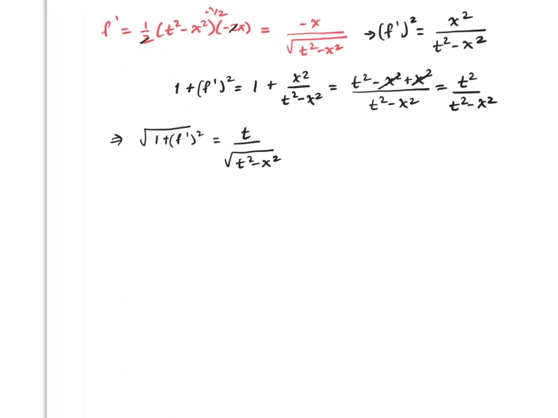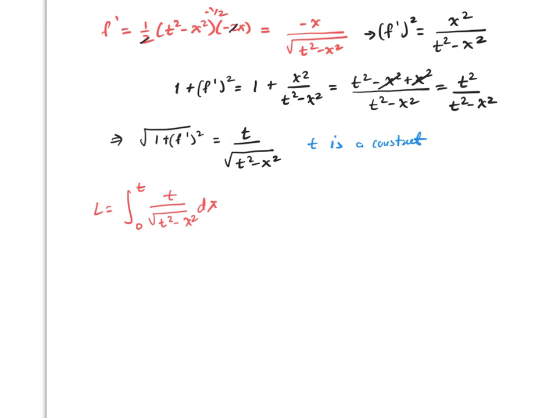So then the arc length, remember, is the integral from 0 to t of t over the square root of t squared minus x squared dx, because remember, t is a constant. Okay, so t is a constant.